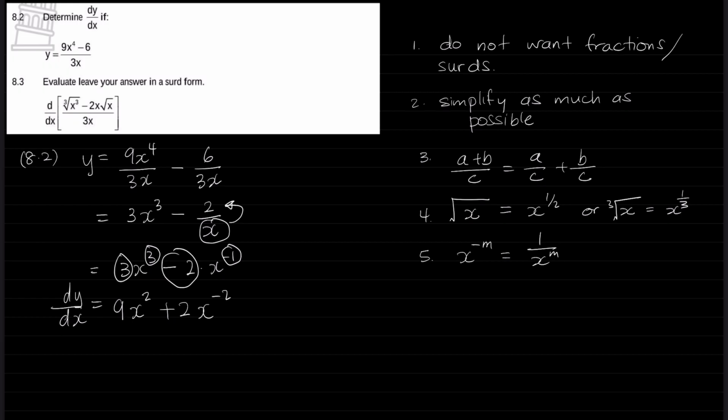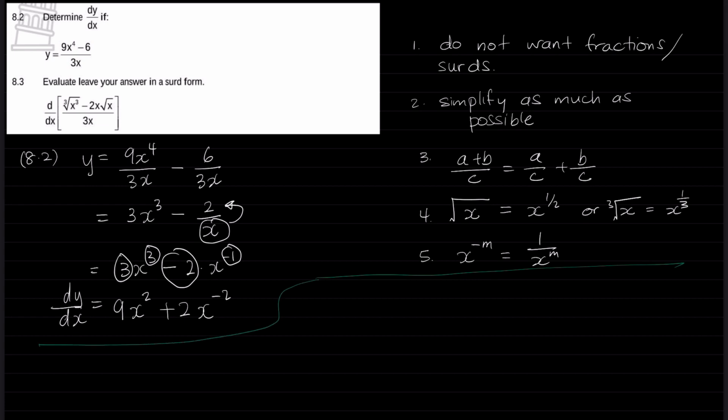Now let's take a look at question 8.3. They say evaluate or leave your answer in surd form. So here we have surds and fractions, and we want to get rid of all of that and simplify as much as possible. First thing I'm going to do is rewrite it just a bit. So I'll do that question right here at the bottom.